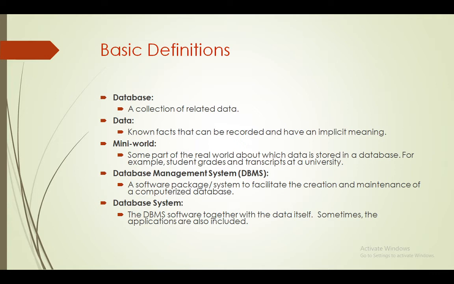However, the common use of the term database is usually more restricted. So the database has the following implicit properties. Let us see what those are. The database represents some aspect of the real world, sometimes called the mini world or the universe of discourse, that is UOD. So the database always represents some aspect of the real world.